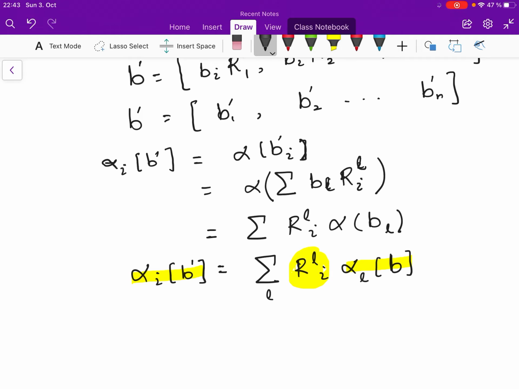So these types of vectors are called covariant vectors.